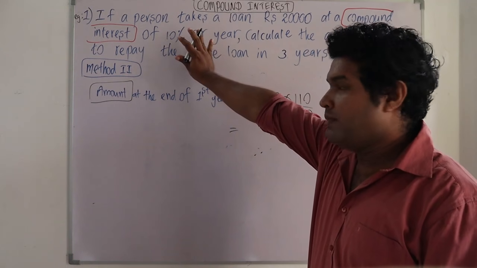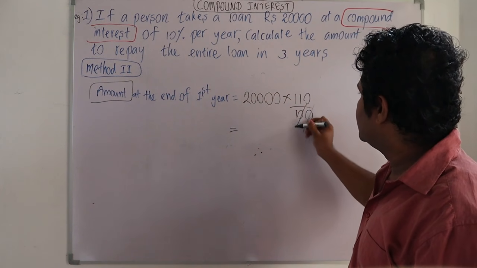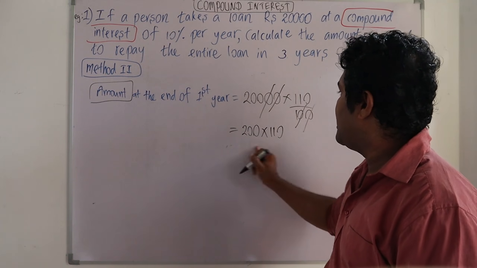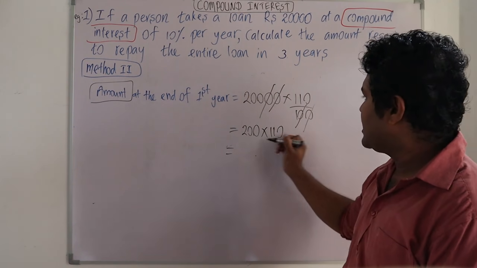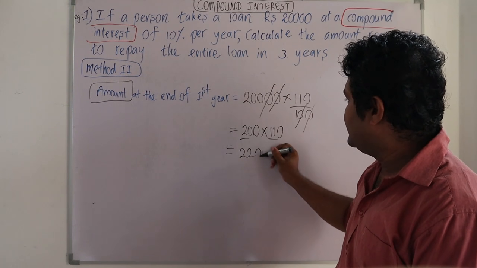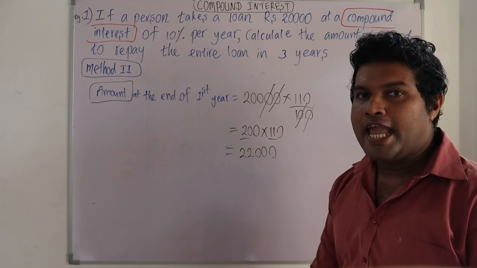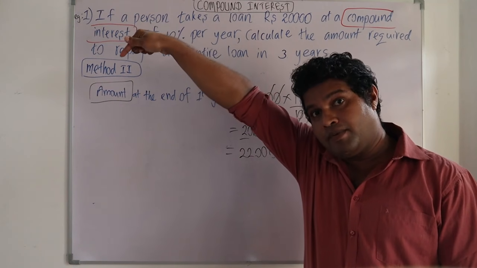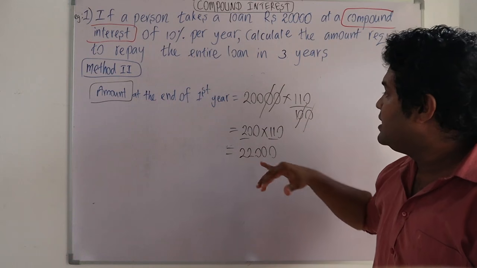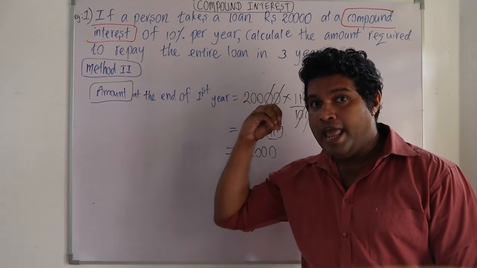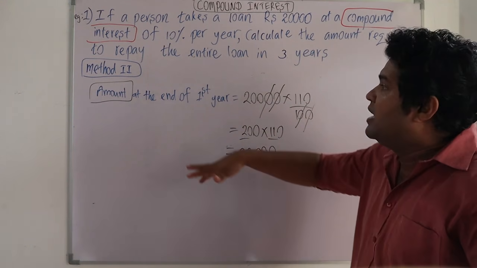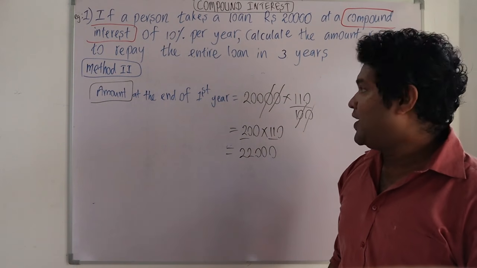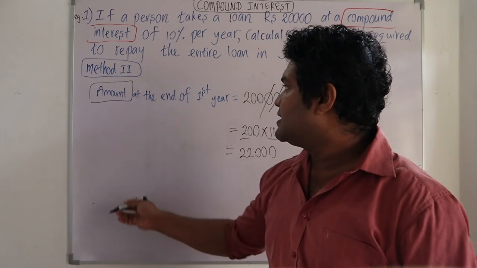Cancel the zeros: 200 into 110. It's 11 times 2, 22, and 000. Can you remember the interest calculated was 2,000 for the first year in the previous method? But this time we didn't calculate 2,000, we directly calculate the whole amount for the first year. It was 22,000. Right?